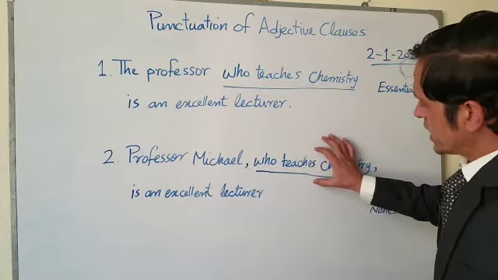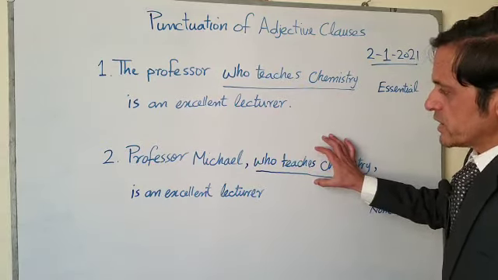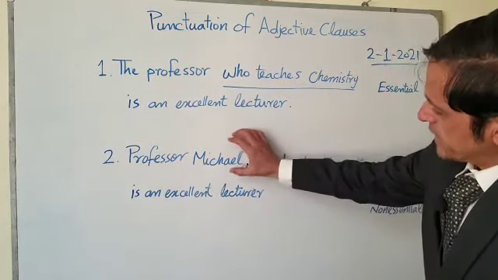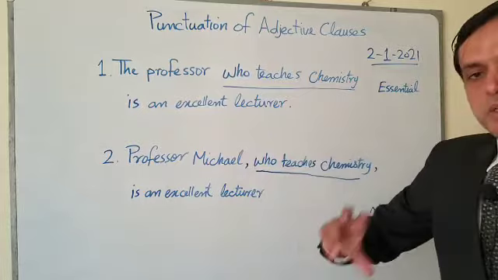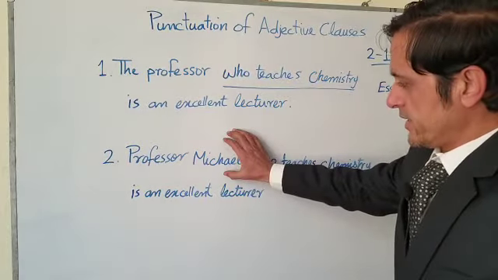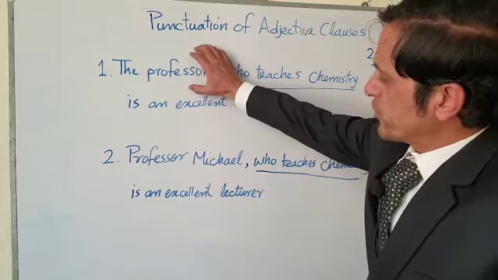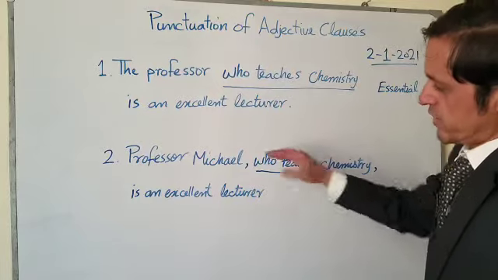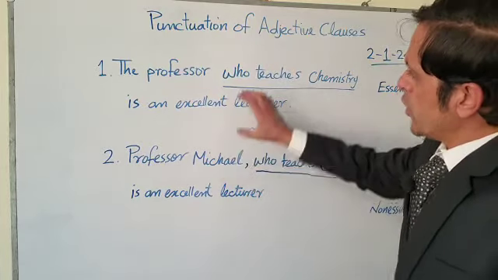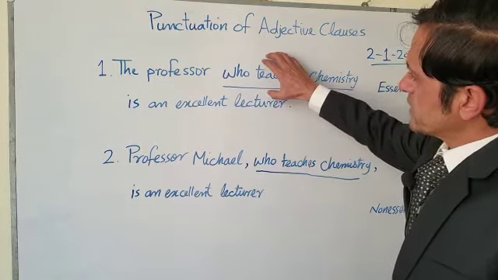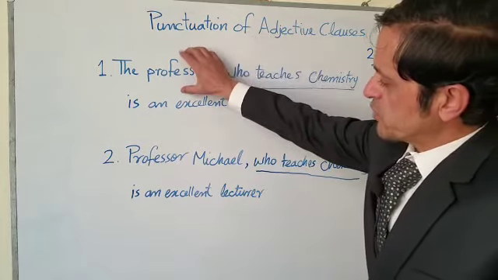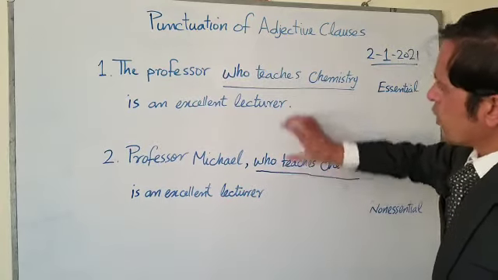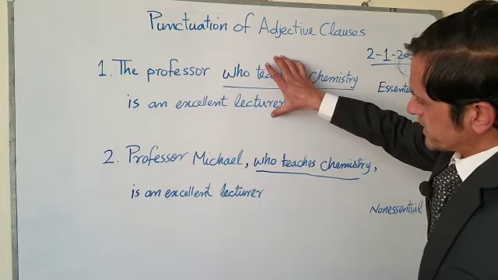It only gives some information about him, because we know who he is: Michael. But in the other sentence we don't know the professor. So here this adjective clause gives extra information, while there it gives identification to the professor. So here we need commas, while there we don't need commas.